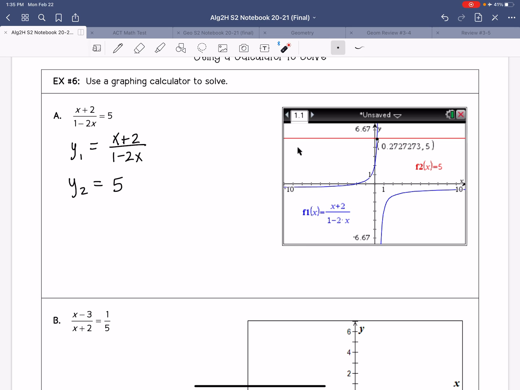So we use the intersect feature. When we use that intersect feature, we would get x is equal to 0.273, rounding to 3 decimal places, when y is equal to 5. So the answer to this would be x equals 0.273.